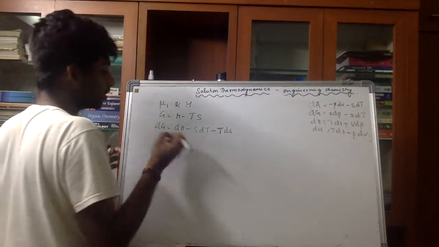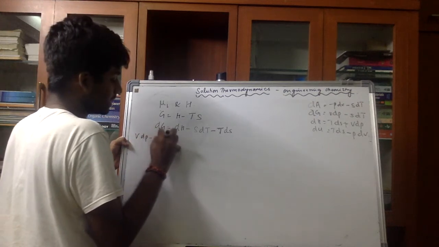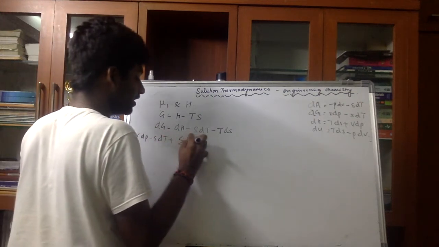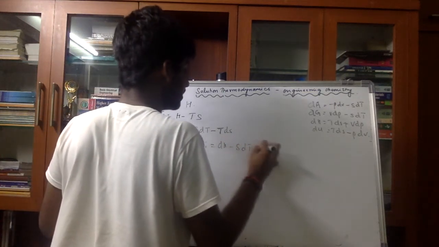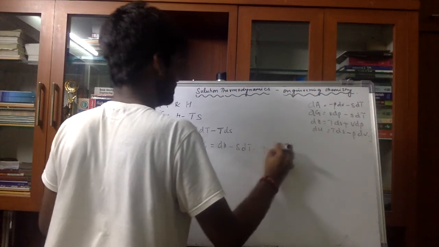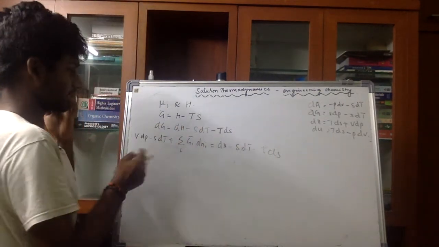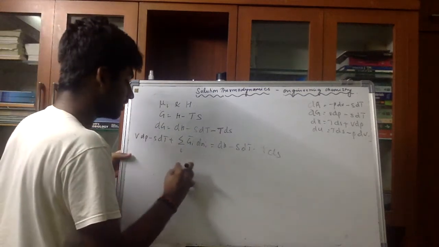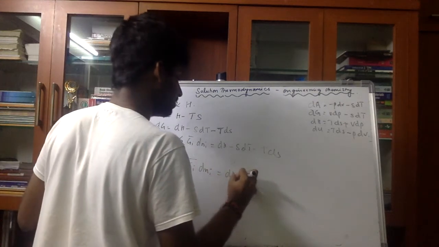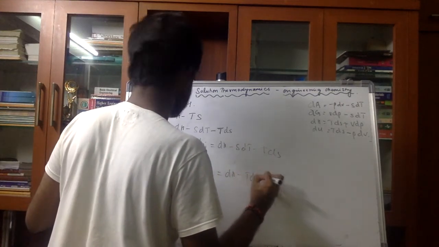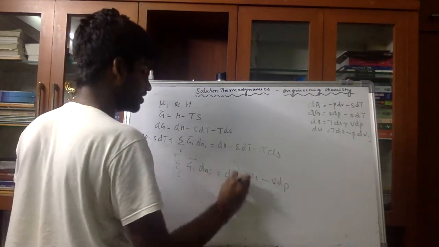Okay, so now next is write VdP minus SdT plus sigma I gi bar dni is equal to dH minus SdT minus TdS. So now minus SdT on both sides gets cancelled. So sigma I gi bar dni is equal to dH minus TdS minus VdP.